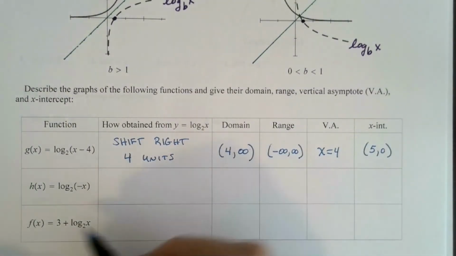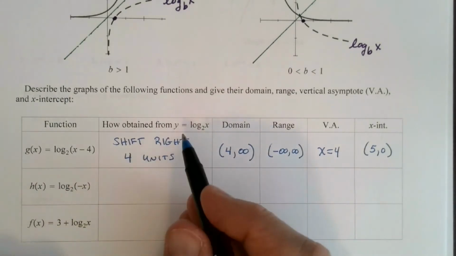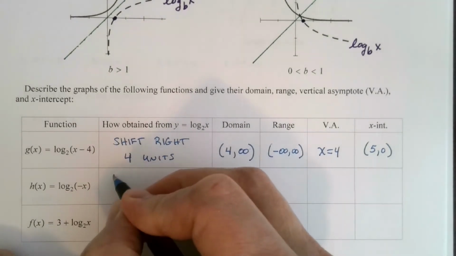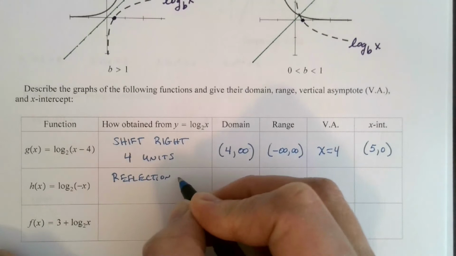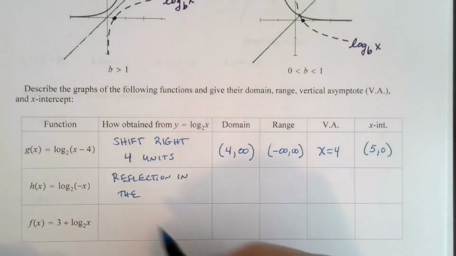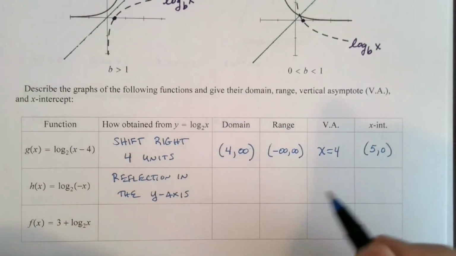Okay. What's the graph of h of x? How was it obtained from the graph of log base 2 of x? Well, reflection in which axis? Replacing x with negative x means the y-axis. We reflect about the y-axis.